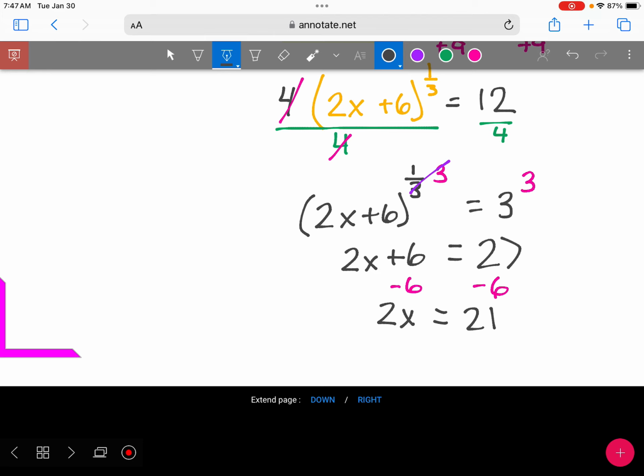Which means, what does x equal? 10.5. Yeah, 10.5. So sometimes we may get decimal answers. And that's okay. What we did here was divide by 2.